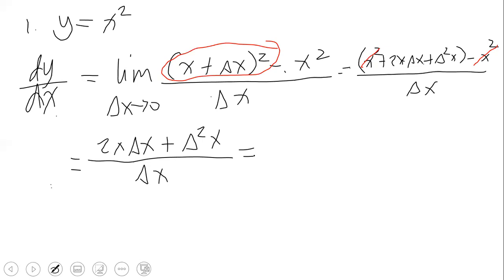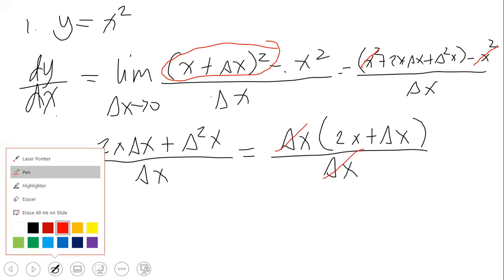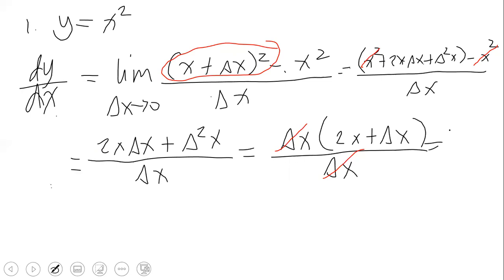So common factor is the delta x, no? You have delta x times 2x plus delta x all over delta x. So cancel out po natin. So therefore, we have already the term which is 2x plus delta x.